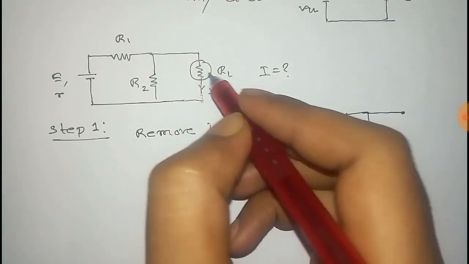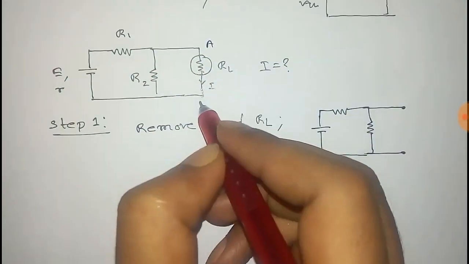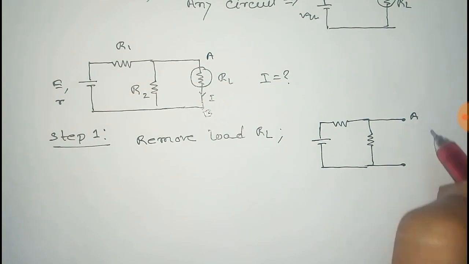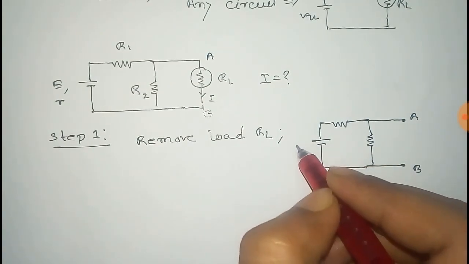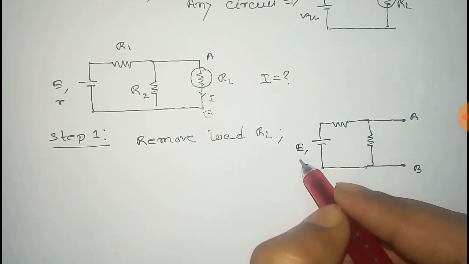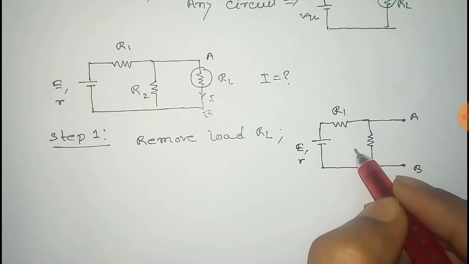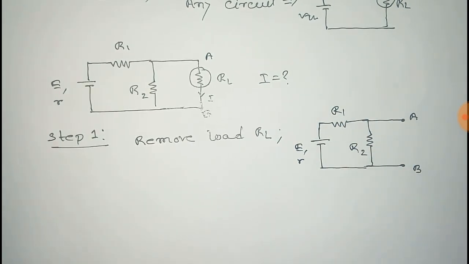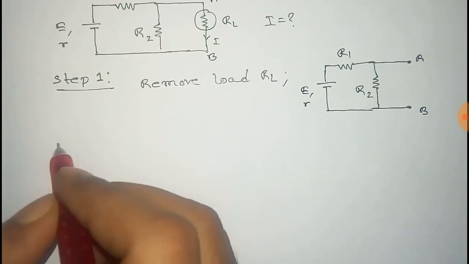And that is removed, and if this is the A and this is the B terminal, then that is A and that is B, and that is the EMF with internal resistance r, that is R1, that is R2.